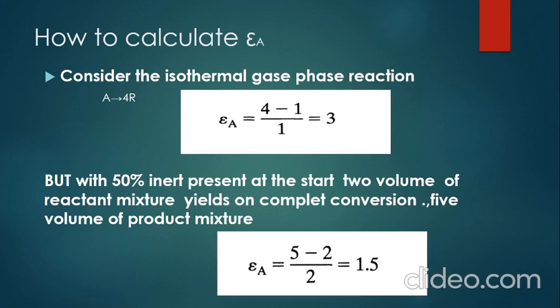That means if we take 2 volumes of mixture, 1 volume of A produces as per the stoichiometry 4 volumes of R, and the 1 volume of inert remains, so the total is 5 volumes. So epsilon A will be equal to 5 minus 2 over 2, equal to 1.5.